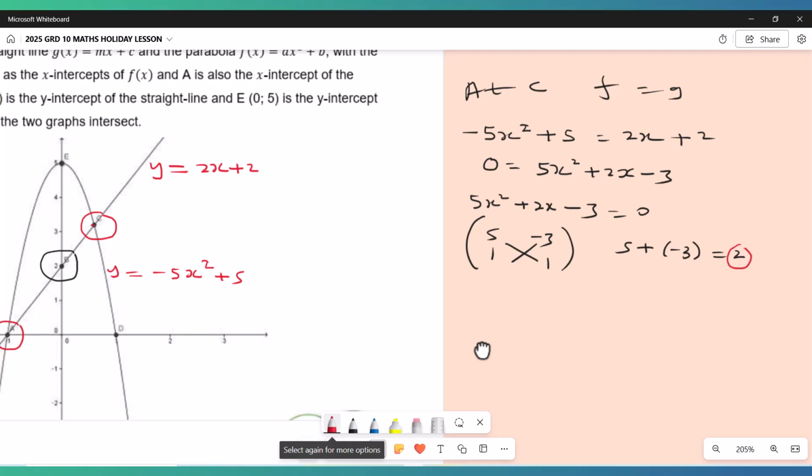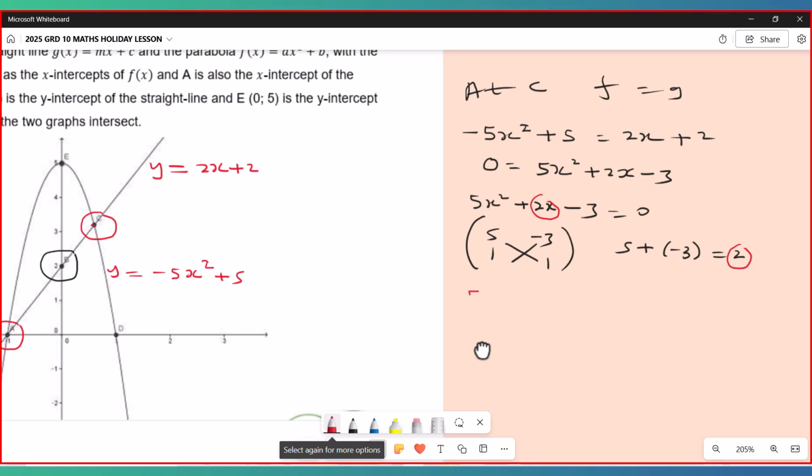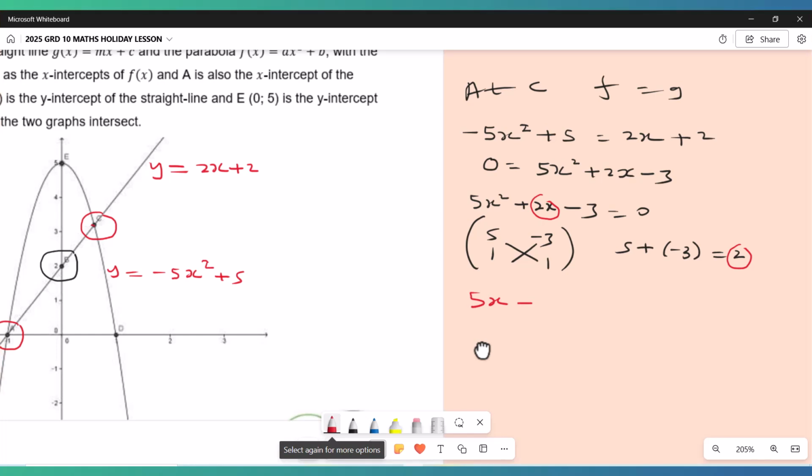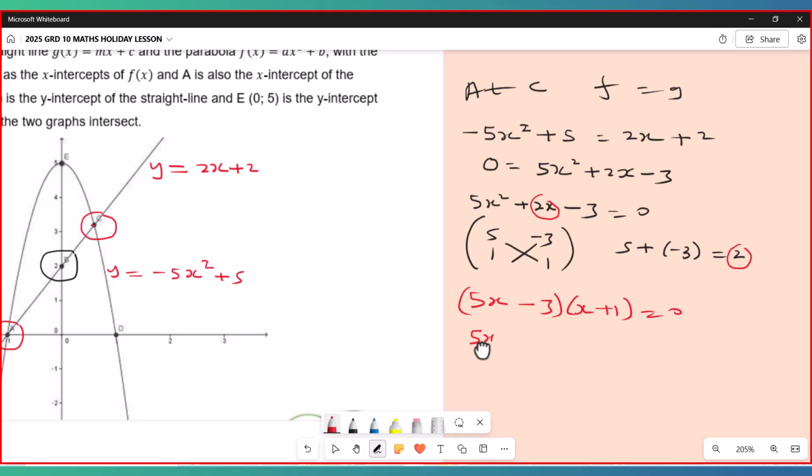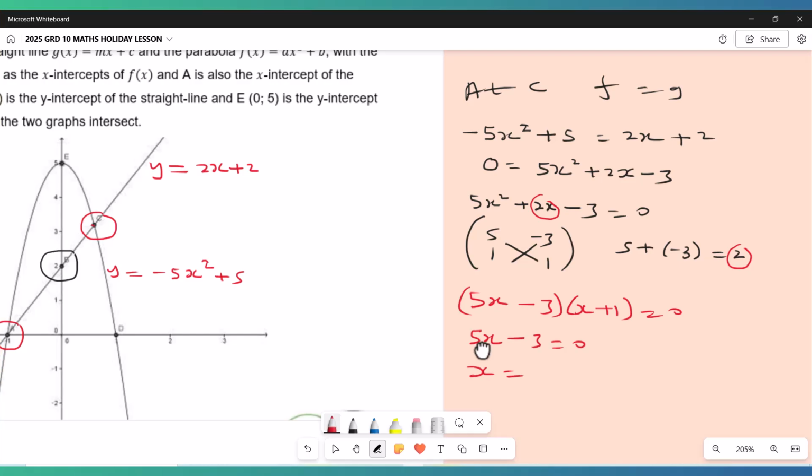So the answer is (5x minus 3)(x plus 1) equals 0. Either 5x minus 3 equals 0, giving x equals 3 over 5, or x plus 1 equals 0, giving x equals negative 1.